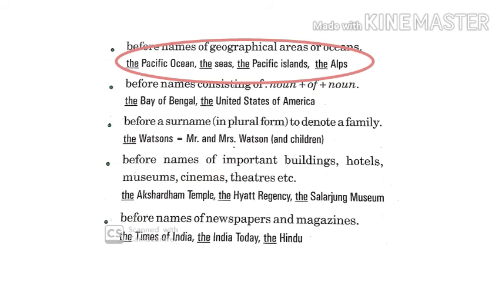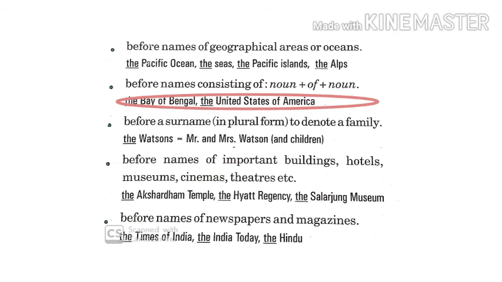And also before names consisting of noun plus of plus noun. You must have heard of this before. The Bay of Bengal. Over here, bay is a noun, followed by of, Bengal is again a noun. The Bay of Bengal. The United States of America. So here also we use the.